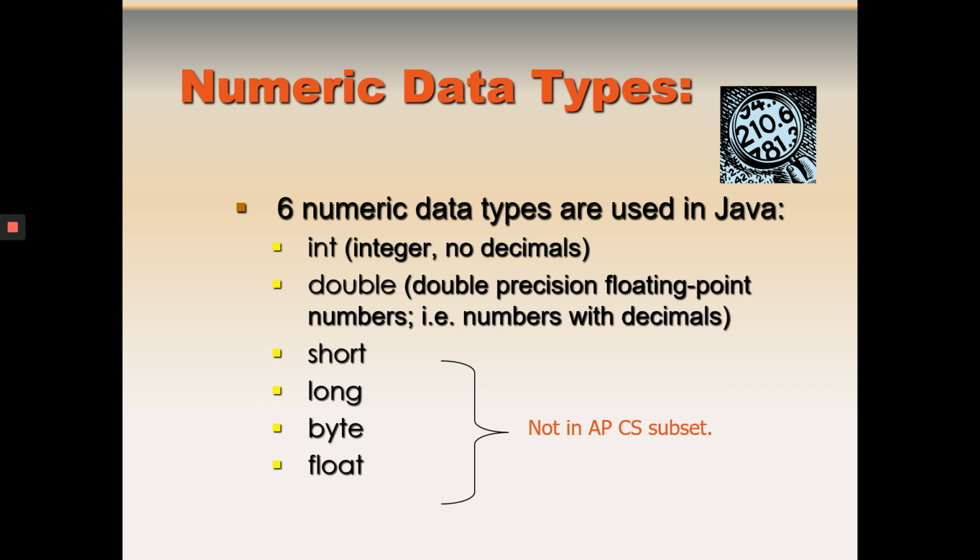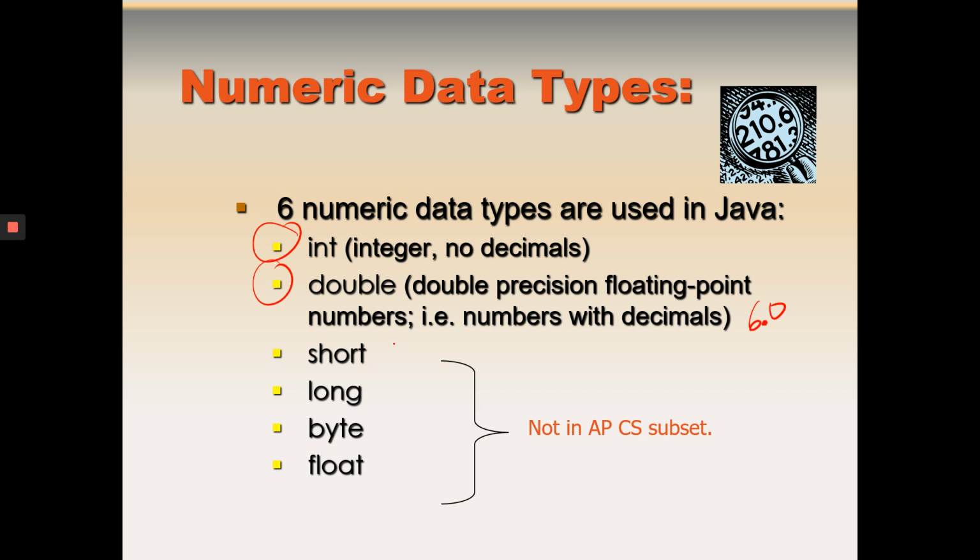There are really 6 types of data for numbers, but we are only going to use these 2, ints and doubles. An integer has no decimals. A double has a decimal. It could be something like 6.0, but it does have a decimal value associated with it.